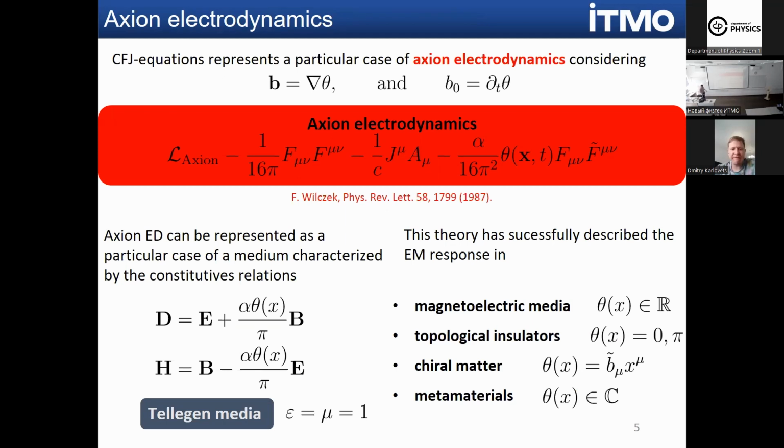You mean it's a specific case of bi-isotropic media. You have a complex coefficient, and now for the Carroll model, yes, it is purely real. So maybe I can comment.